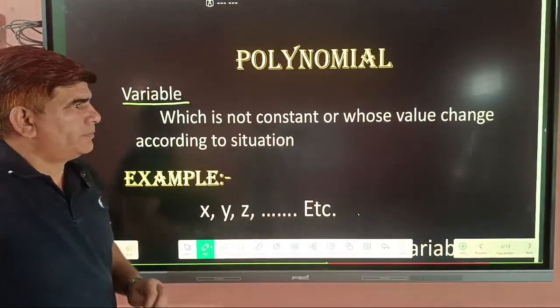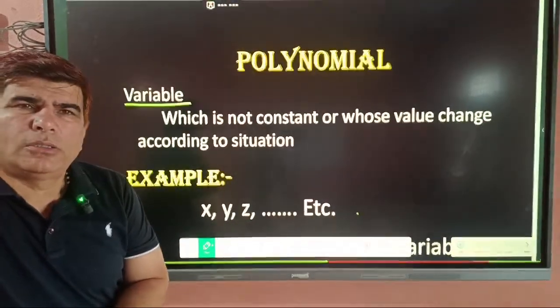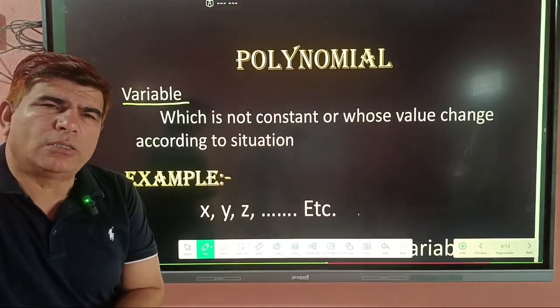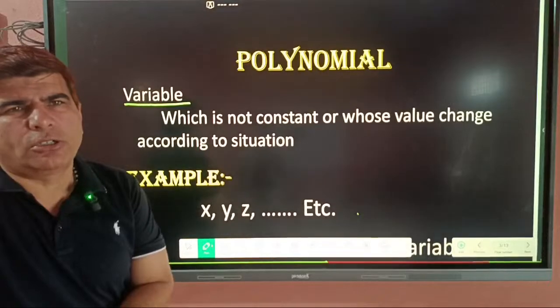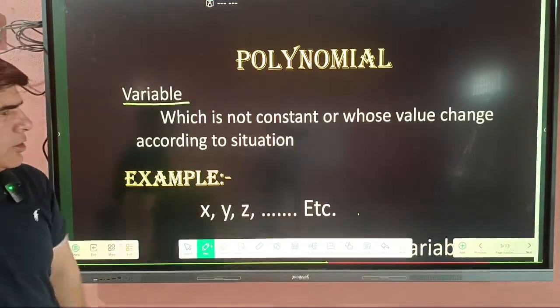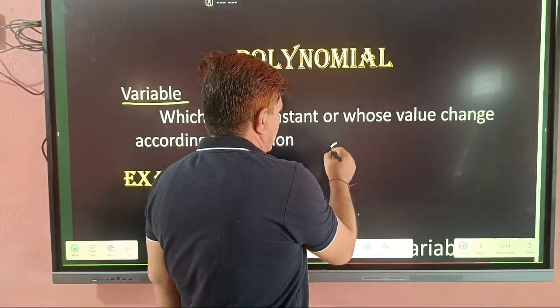A variable is not constant, or we can say its value changes according to the situation. Understood? Its value changes according to the situation. Like this, we have 6x.